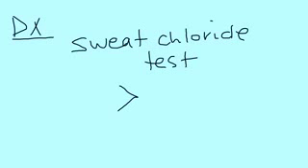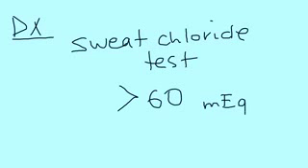It's just being kicked out into the ducts and eventually into the secretions, and it's going to be high. I think it's 60 milliequivalents per liter. Greater than 60 milliequivalents per liter is what you would have in a cystic fibrosis patient. Very, very diagnostic.